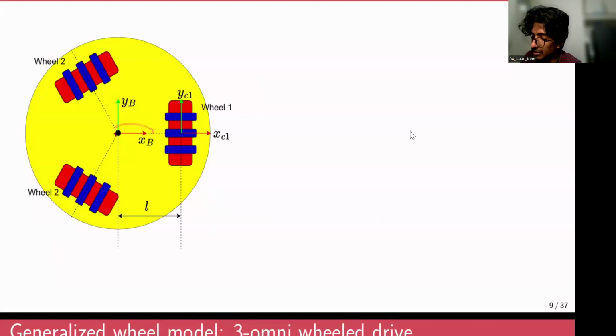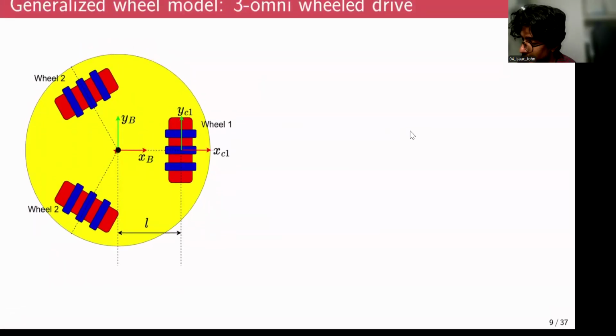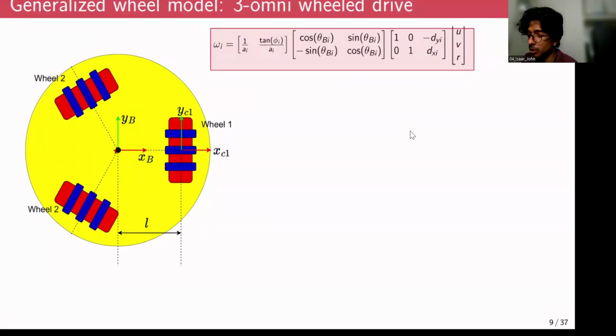And each of these three wheels are aligned, and their hubs are actually aligned 120 degrees apart. Again, if you reproduce this wheel configuration matrix, you will have to do this 3 times because there are three wheels.